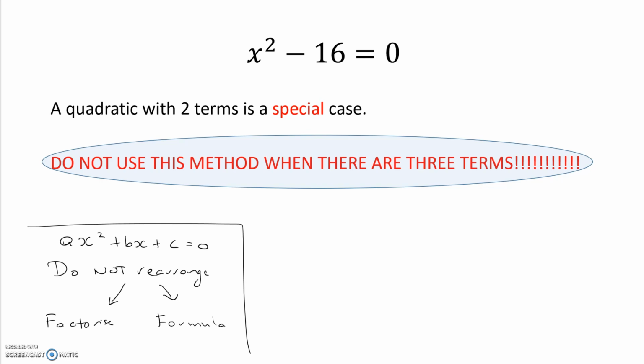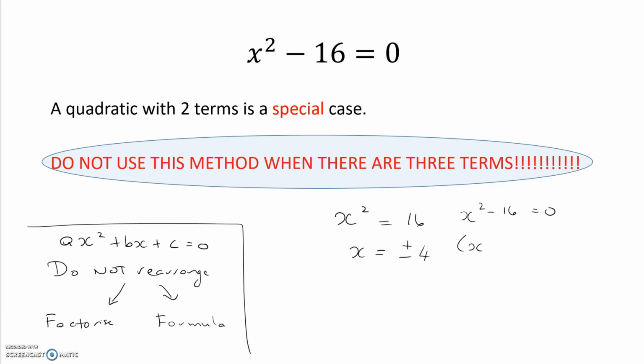So either you can say x squared, and then rearrange it, equals 16, x equals, don't forget there are two square roots of 16, so plus or minus 4. Or you can remember that x squared minus 16 equals 0 is a case where it's the difference of two squares.